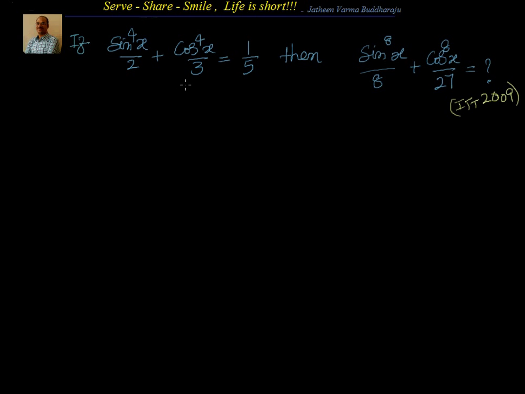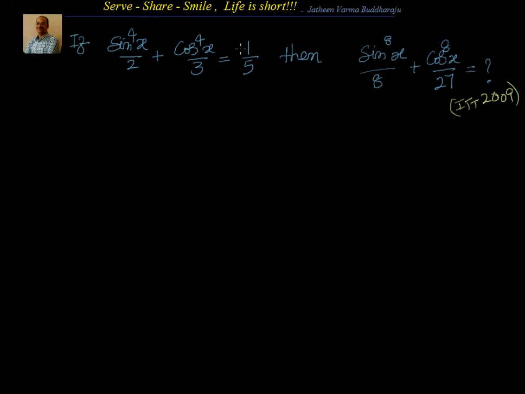Now, this is what is given to us as input, and we have been asked to find the value of an expression having sin to the power of 8x and cos to the power of 8x. So first I will try to find either the sin square x value or the cos square x value by converting this into a quadratic equation. How can we do that?